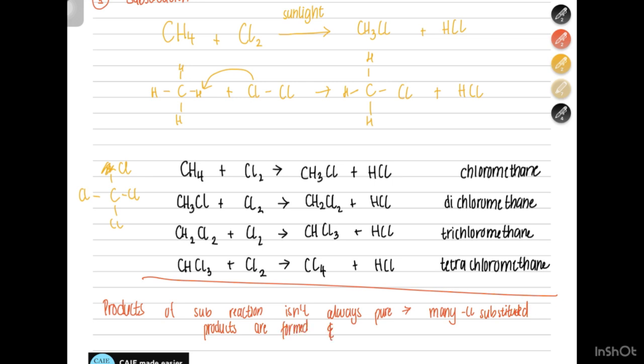And HCl, hydrogen chloride, is also produced. So it's not like you get one chloromethane only.